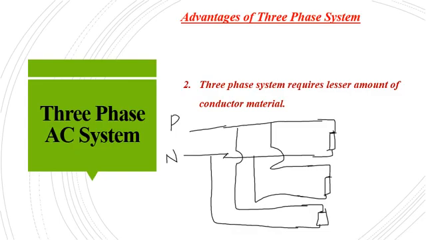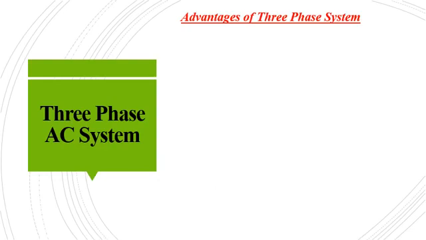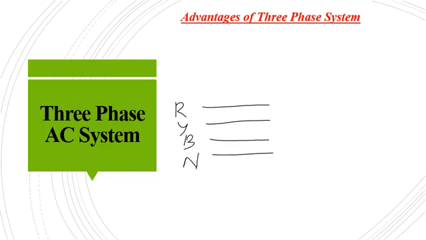Then what about a three-phase system? What if the connection is three-phase? First of all, we can draw a three-phase supply having R phase, Y phase, B phase, and the neutral line will also be there. In the case of three-phase, these loads can be connected like this.